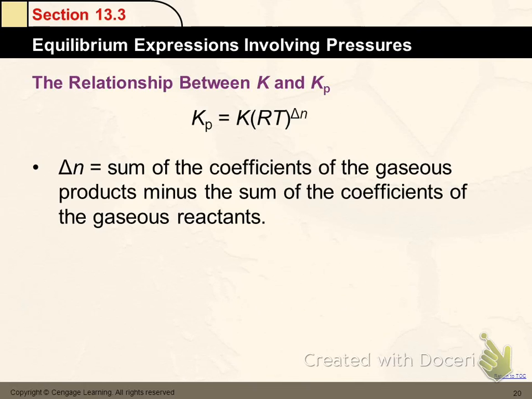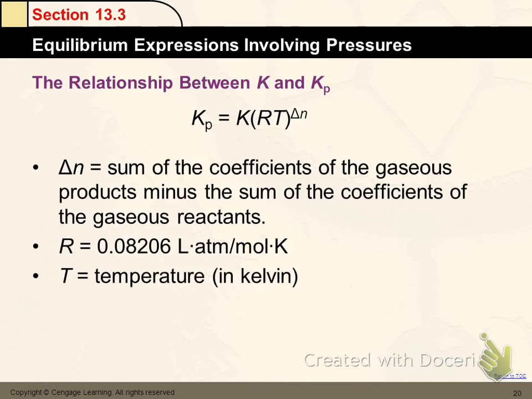Now, the temperature is very important. We're still dealing with temperature in Kelvin, and our R value, if you remember this from our gas laws unit last year, is going to be 0.0821 liters times atmospheres divided by moles times Kelvin.